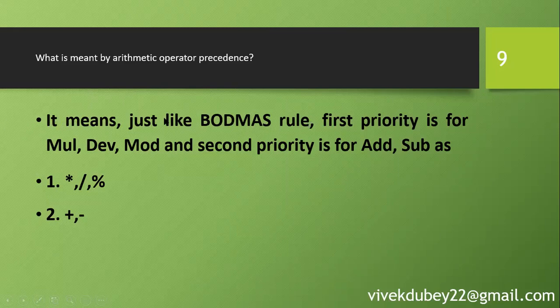So this is the rule we are familiar with in mathematics. Similarly, in C language, the first priority is for multiplication, division, and mod. The second priority is for addition and subtraction. So these 3 have more precedence than these 2, or these 2 have less precedence than these 3.